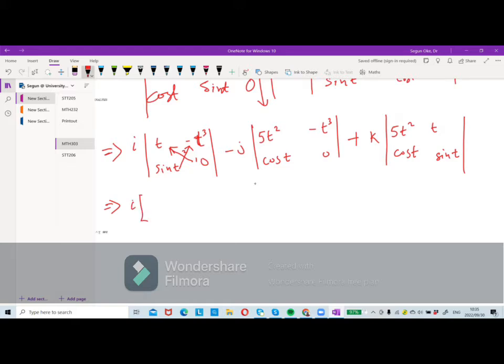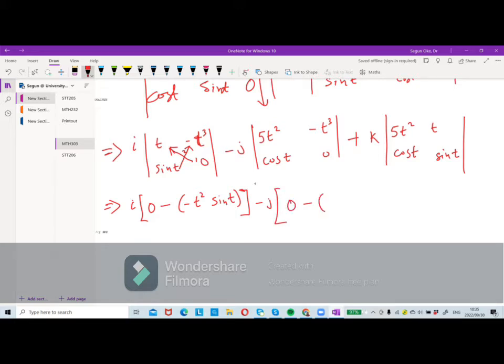So you have it to be i. Let's open the bracket. 0 multiplied by t is 0, minus t multiplied by negative t cube, you have minus t squared sine t. This is all your i. Minus j, you do the same thing.